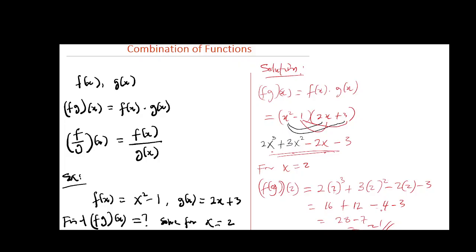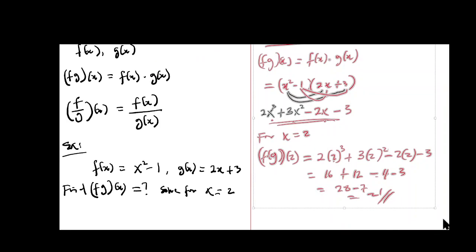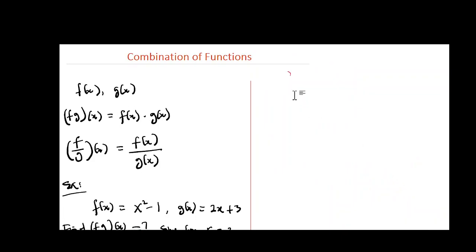Let's take another example, now let's solve for division. You may pause the video and try this out.